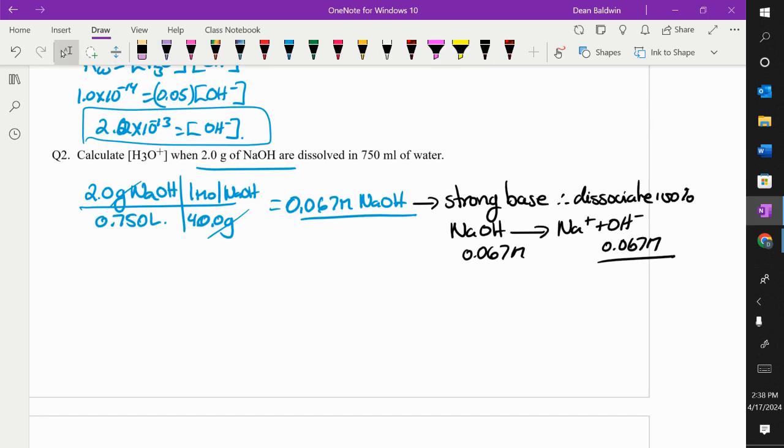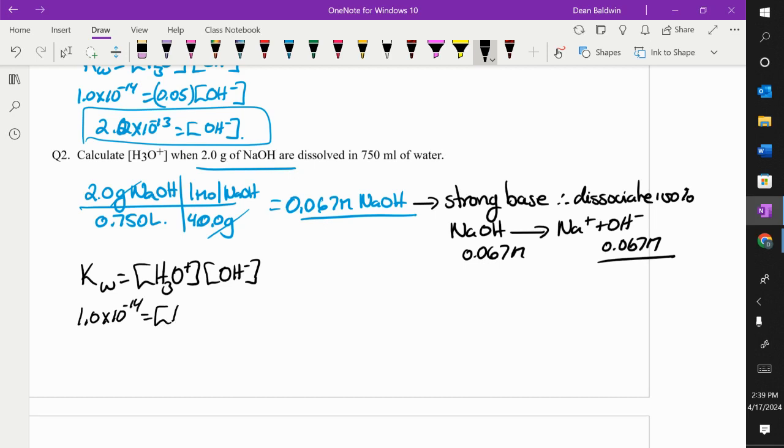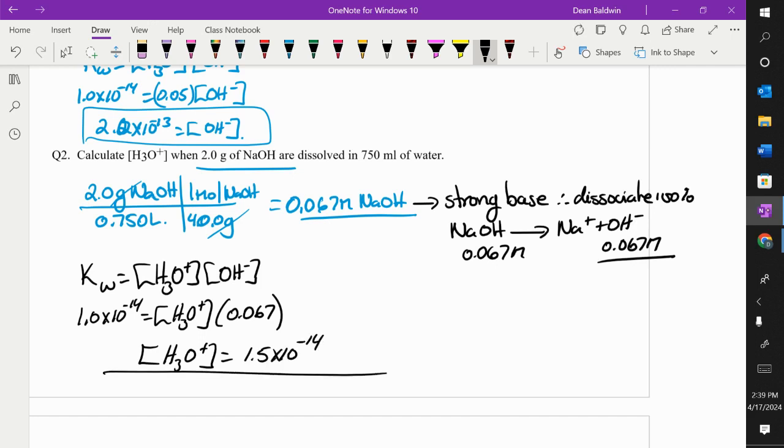And then we throw it in water, which means our Kw is equal to the concentration of H3O plus times the concentration of OH minus. Kw is constant. Divide that off, and you should get 1.5 times 10 to the minus 14.